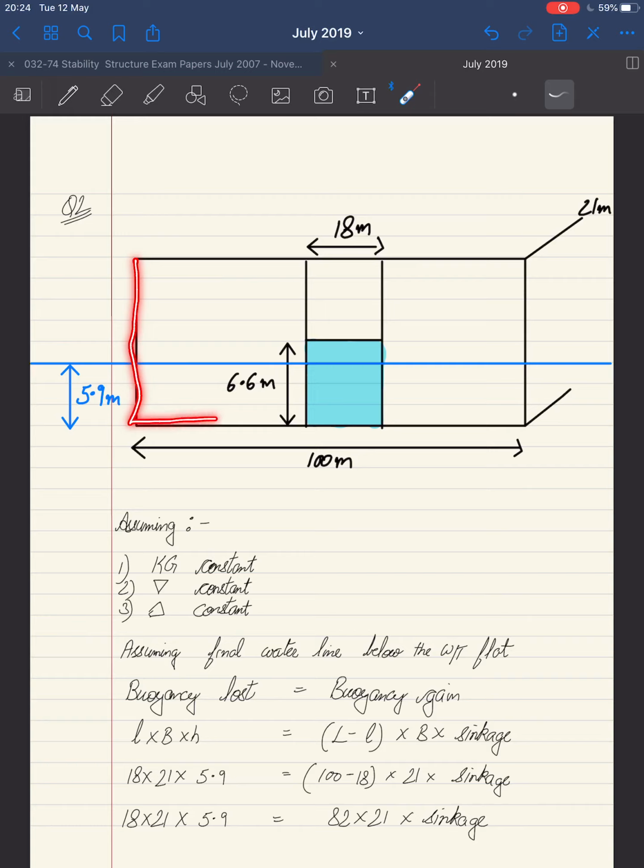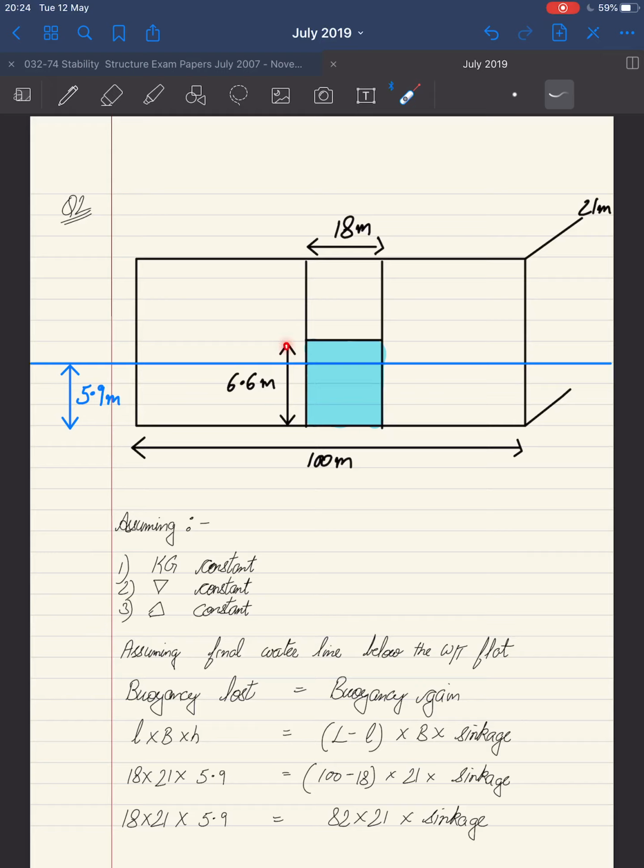So this is the box-shaped vessel whose length is 100 meters. This is the breadth of the vessel, which is 21 meters. This is the initial water line. So this becomes the initial draft, which is 5.9 meters. This is the length of the compartment, which is 18 meters.